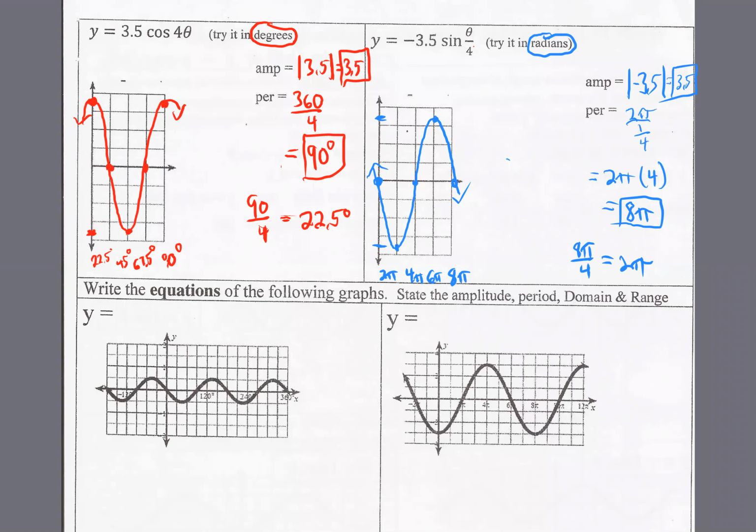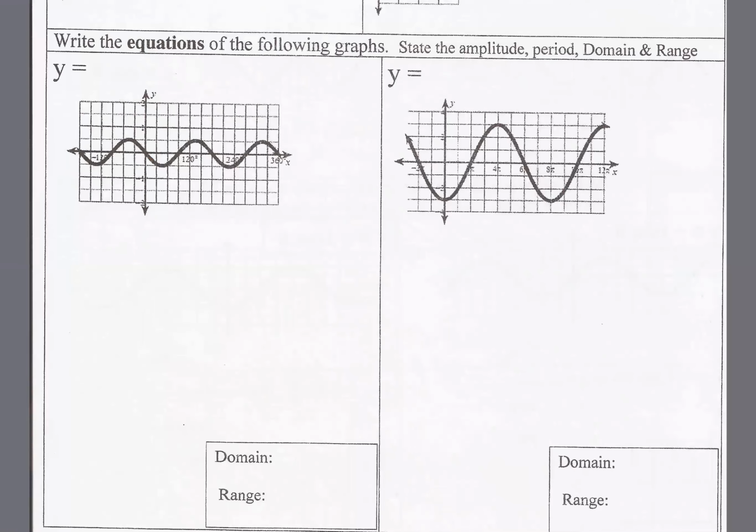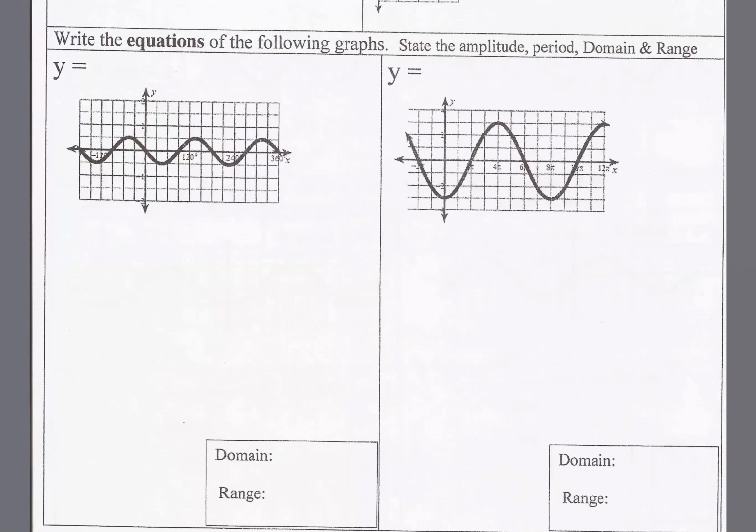Okay, so the last 2 we're going to work backwards again. I'm going to clear off the work at the top so I have more space. Here, the first thing I'm going to do, it doesn't matter if you do this at the beginning or the end, is tell from looking at this that it passes through the origin, so this is a sine graph.